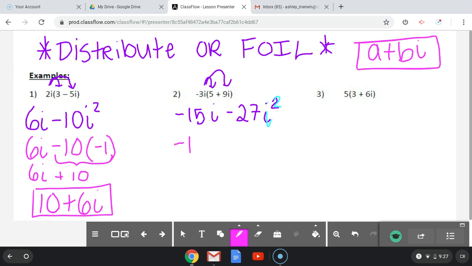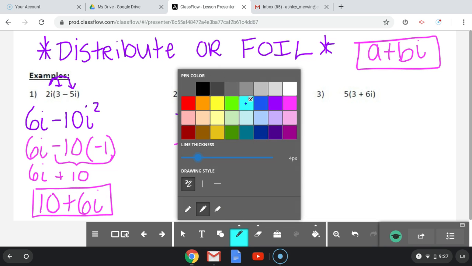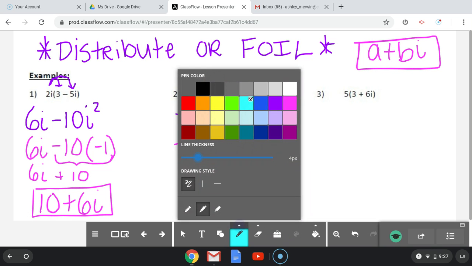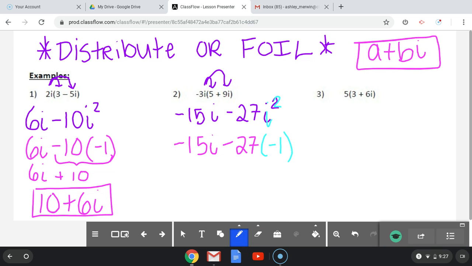Okay, so negative 15i minus 27, but instead of i squared, it equals negative 1. And all that does is it changes the sign of that negative 27. So I get negative 15i plus 27, and then reorder it so that your real is first, your imaginary is last.